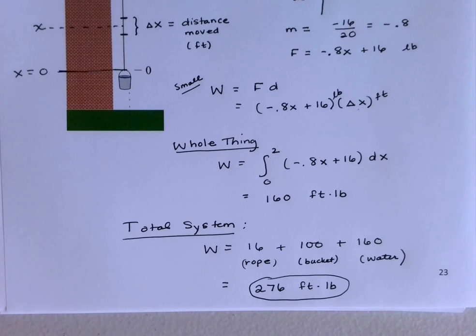All right, that is the first work application we're doing, the lifting problems. We'll come back in the next video and take a look at a couple of other work examples.